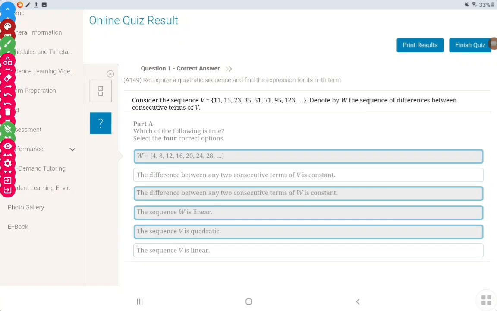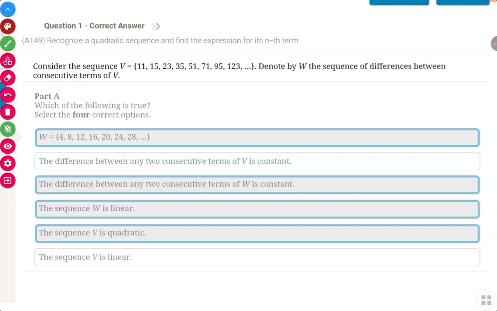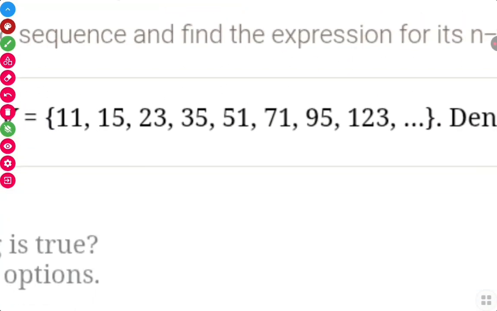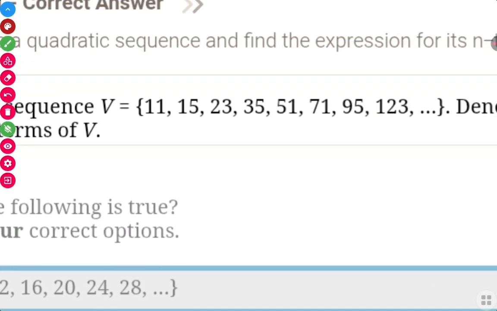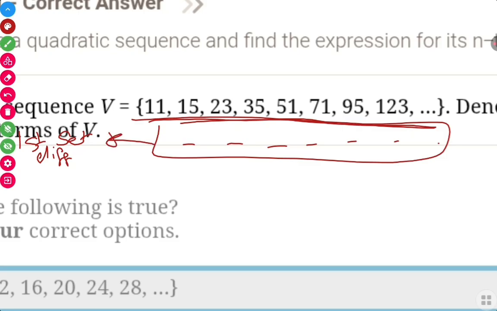The 6.1 quiz. They give us a sequence over here. A sequence can either be linear, quadratic, or cubic. If the sequence is linear, that means if you subtract every number from each other, all the numbers you get from subtracting, which we call the first set of differences, are going to be equal.